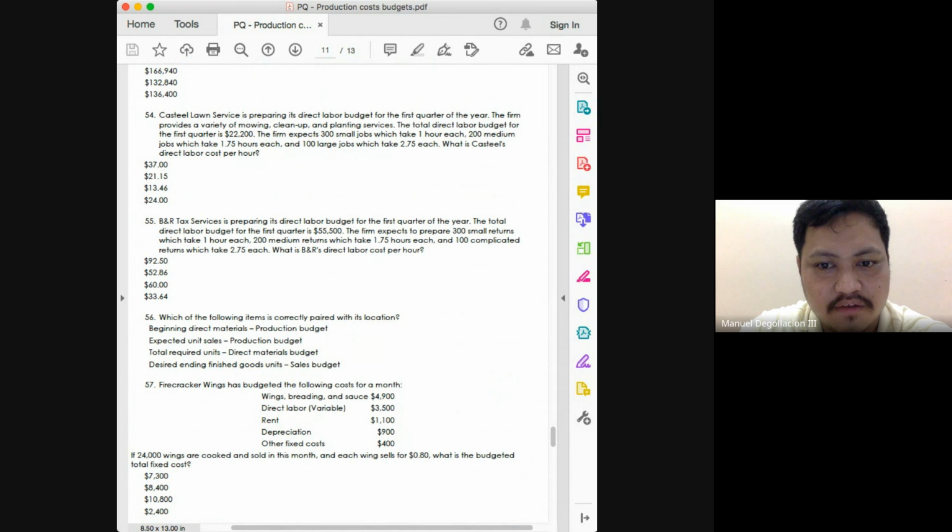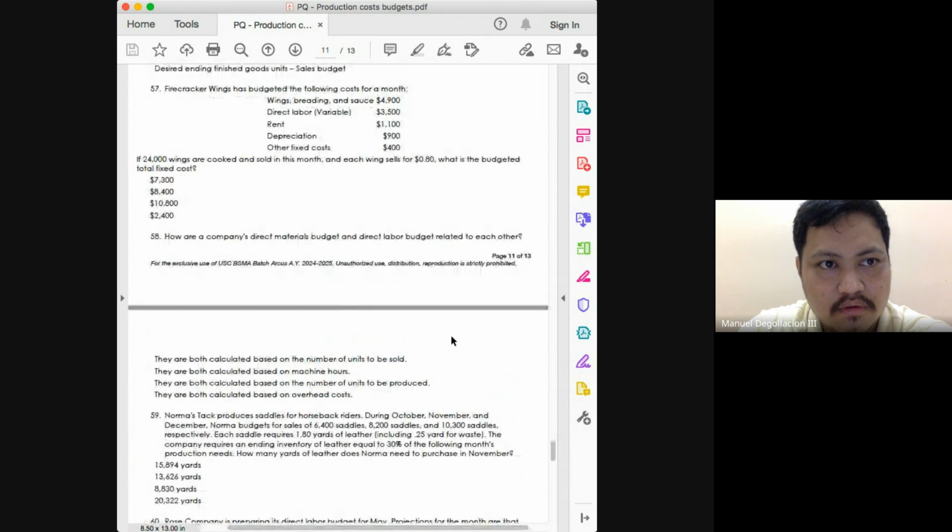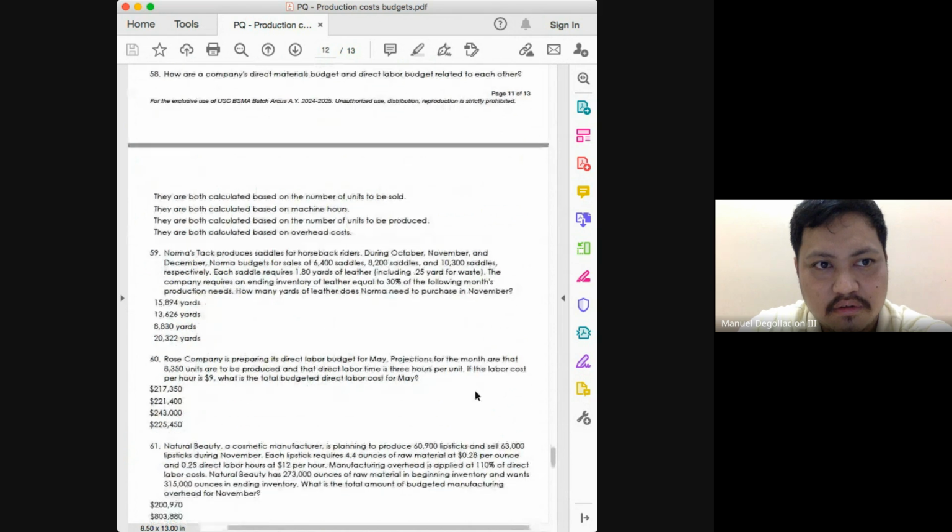For 55, it's $60. For 56, answer is the second choice, expected unit sales and production budget. For 57, it's 2,400. For 58, answer is the third choice. They are both calculated based on the number of units to be produced.